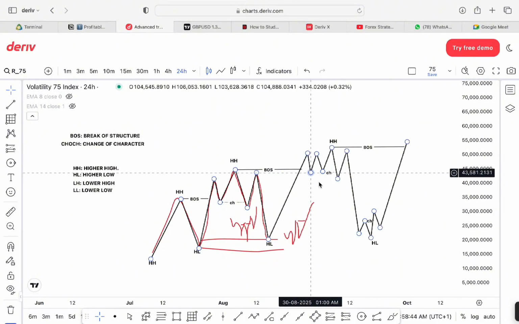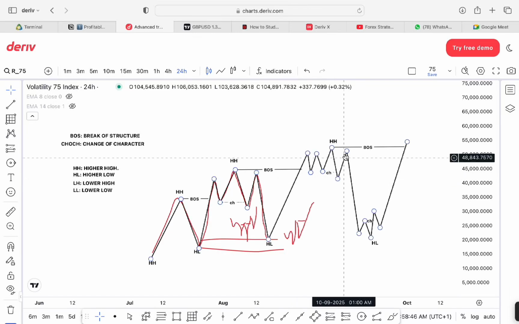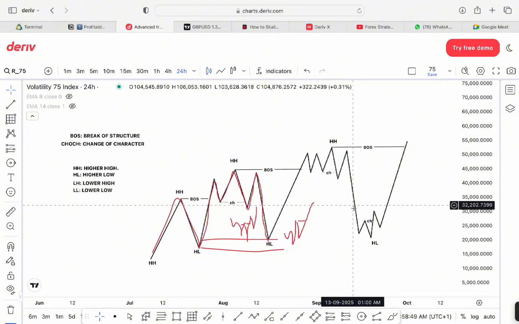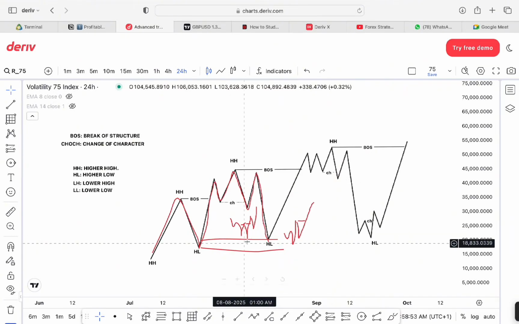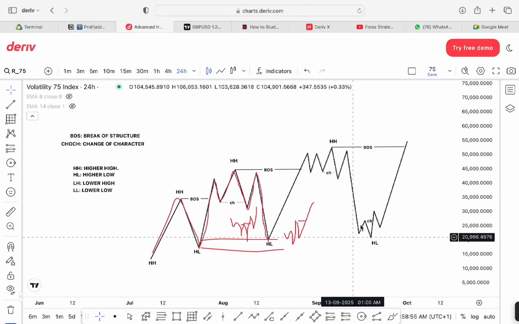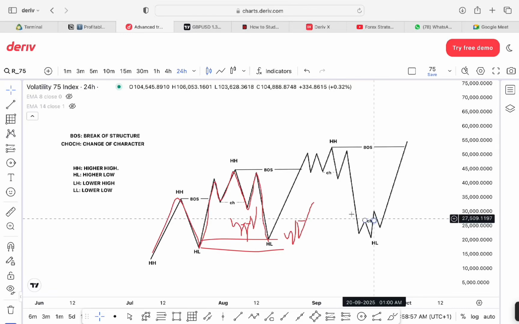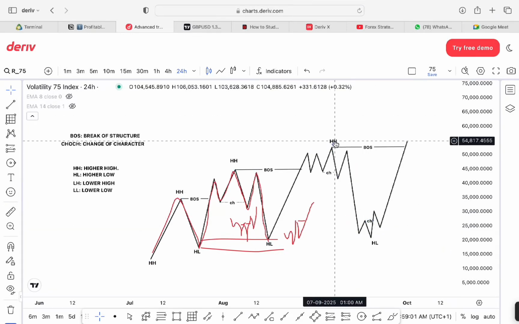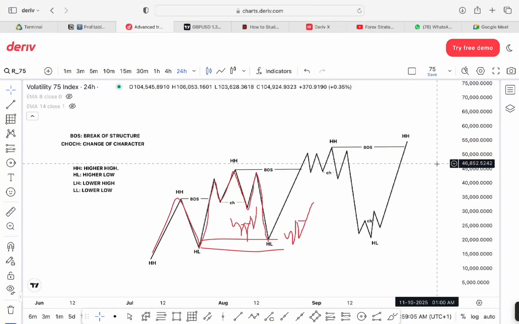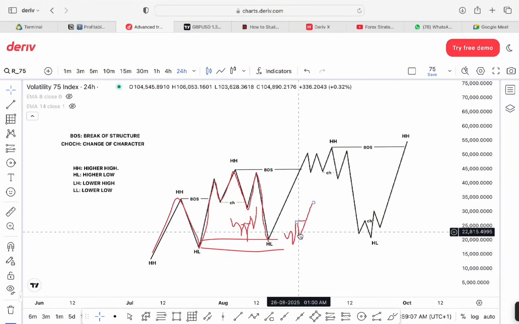So we see price changed character, retraced, and then pulled back down to give us a higher low. And in completing that higher low, price changed character again to push to the upside. So guys, it's really as simple as you make it.